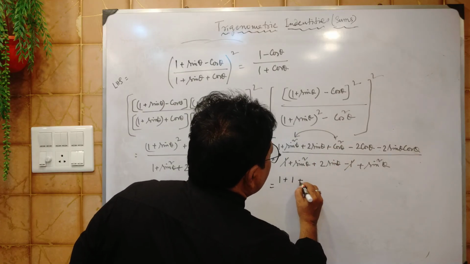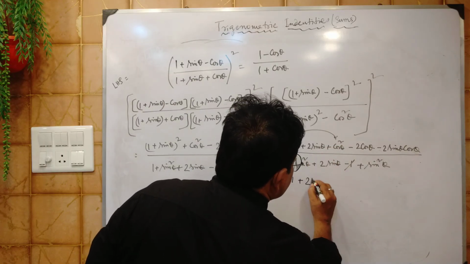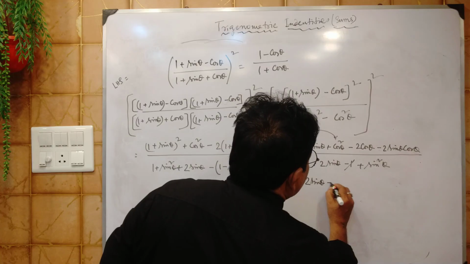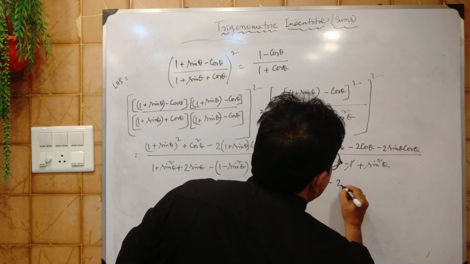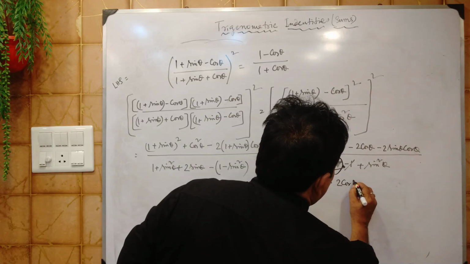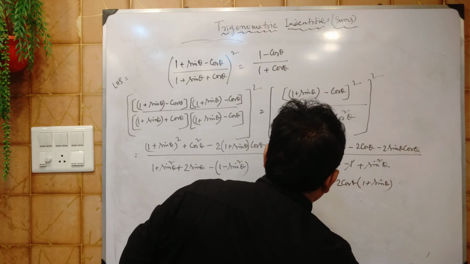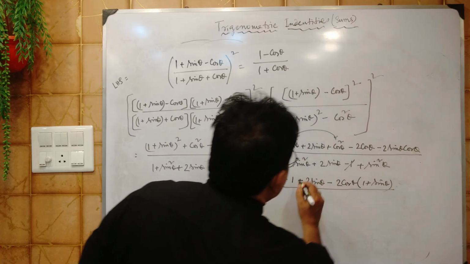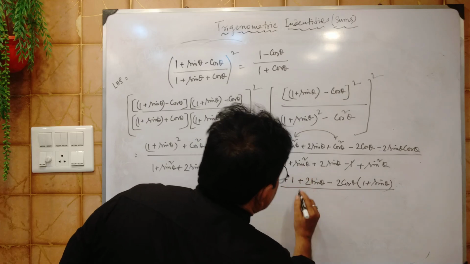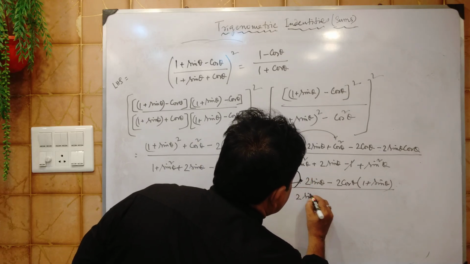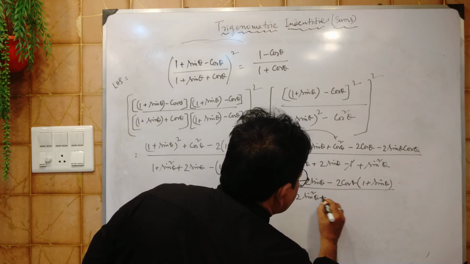Again 1 plus these, 2 sin theta minus 2 cos theta common, you will get 1 plus sin theta, divided by sin square theta plus sin square theta, 2 sin square theta plus 2 sin theta.